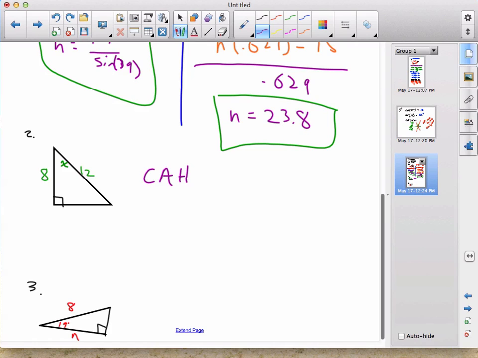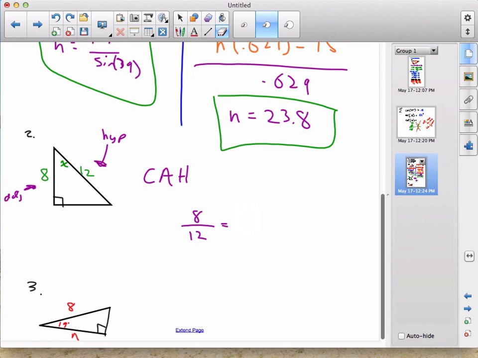So I figured that 8 equals the adjacent and 12 equals the hypotenuse. So I divided 8 by 12 and I got 0.66. So 8 over 12, adjacent over hypotenuse.